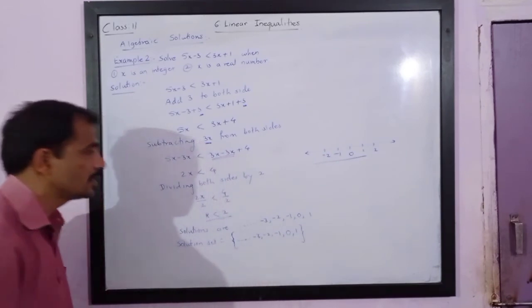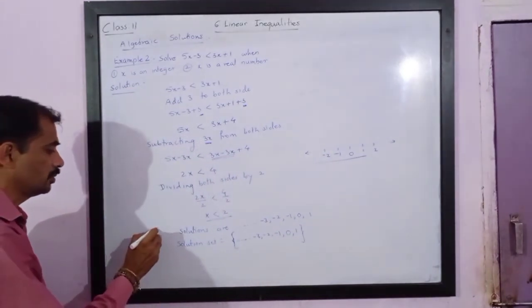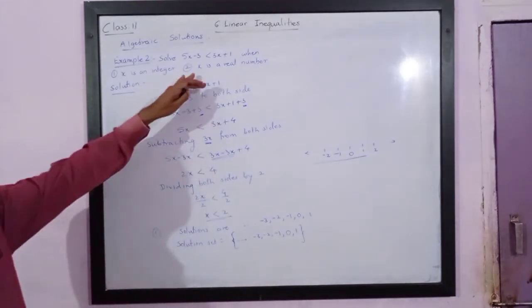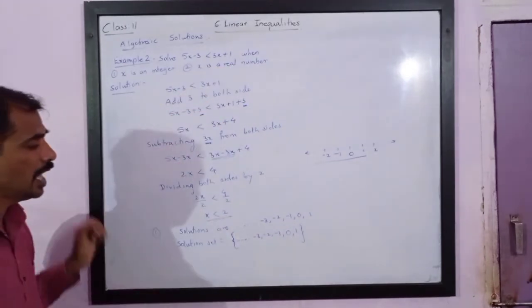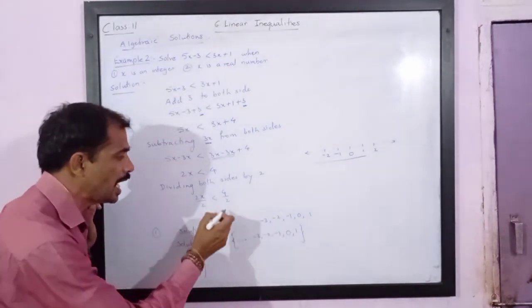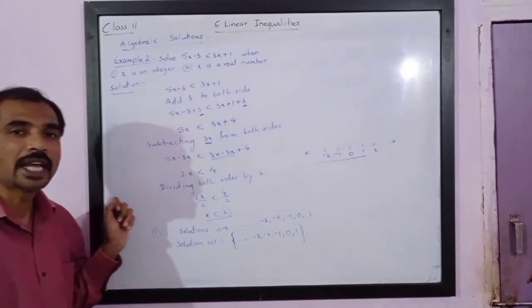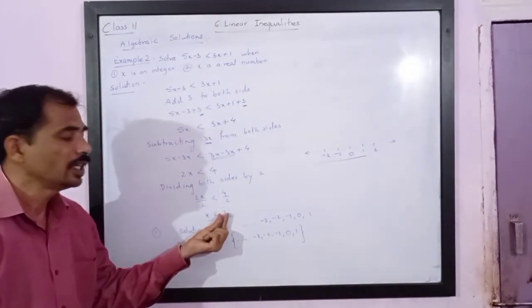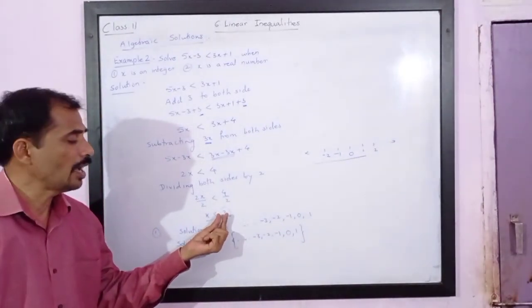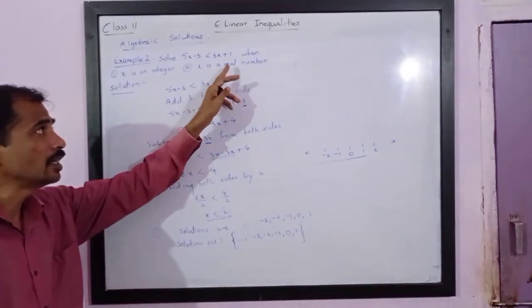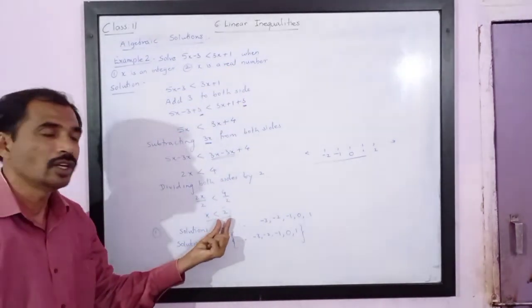This side it ends. This is the first answer. Now the second is, x is a real number. A real number will have all the values less than 2. It can have 1.5, it can have root 2 as well, it can have all the values which are real, but they must be strictly less than 2.